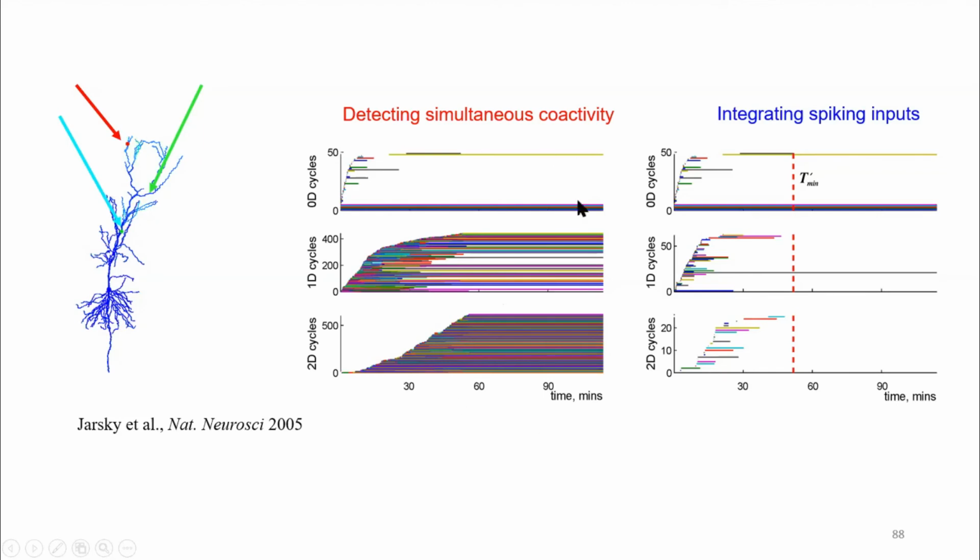So it just does not work. But if you integrate spiking activity, if you allow yourself some time, and it's a separate question how much time you allow those neurons to integrate, then all of a sudden you have a very finite time. It's slightly large, but it's finite, something like 15 minutes, and you get a correct representation of the three-dimensional space.